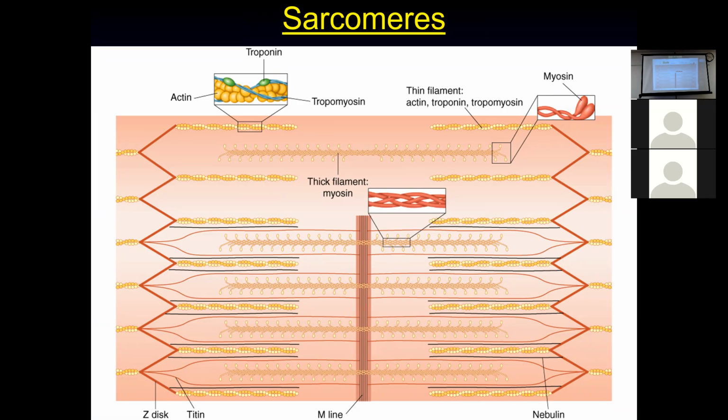You're not going to be responsible for this on the test, but I want to draw this and show it to you because I think it's going to make you understand why we want as much actin and myosin in our muscles as possible. It's difficult for me, and maybe it's the same for you, to understand three-dimensionally what is happening inside of a muscle. You see these 2D cartoons, look, here's one sarcomere, but these are 3D structures.